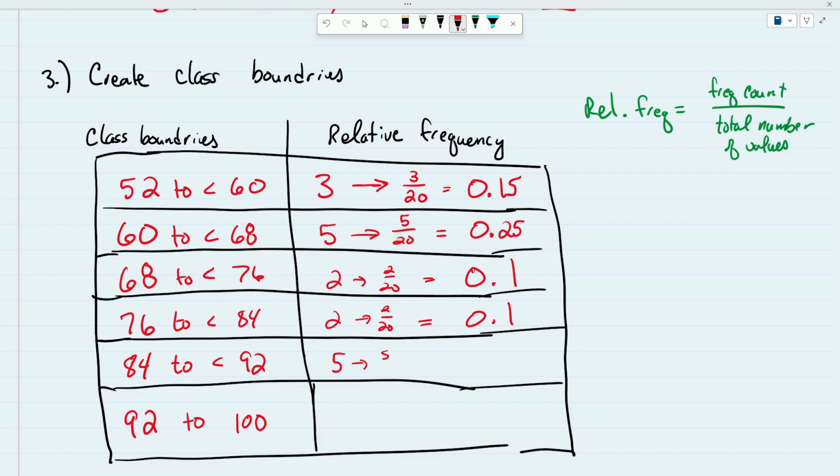This will be 5 over 20, which we know is 0.25. And finally, between 92 all the way up to 100, there are 3 values, which gives us 0.15.